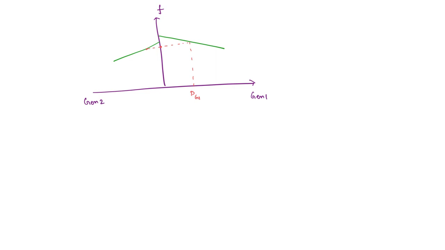This is Pg1 and this is Pg2. Let us say you are increasing the governor set point of generator 2. Say it is now something like this. So this is the new characteristic and this is the old characteristic.